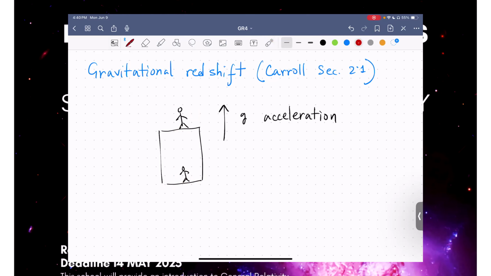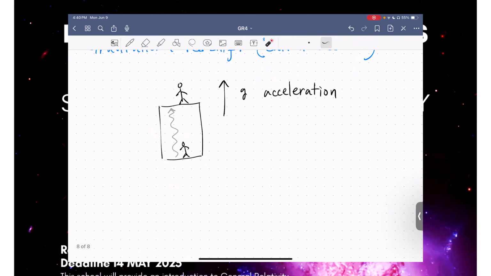Now suppose this observer emits a light, and this light is observed by this observer. Let us also assume some other things.